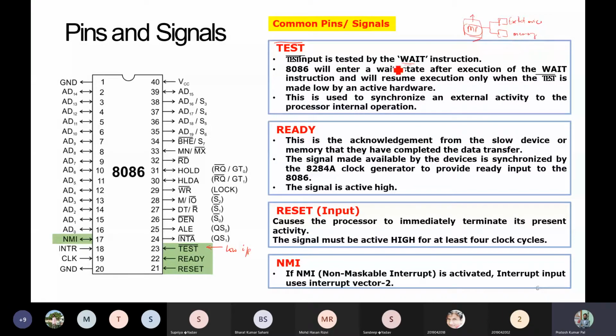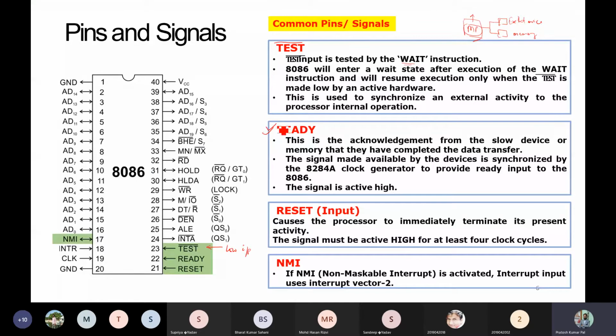Okay, the next one is ready. Similar to the test one, ready is used when an external device or memory is transferring data without the help of 8086, externally.